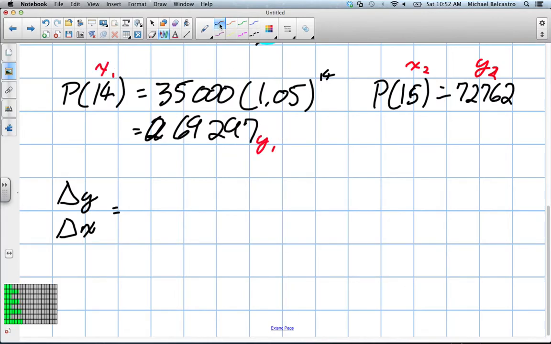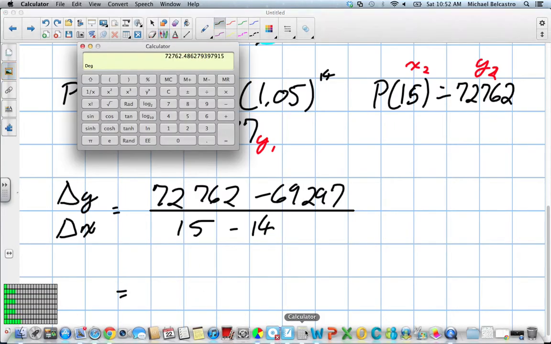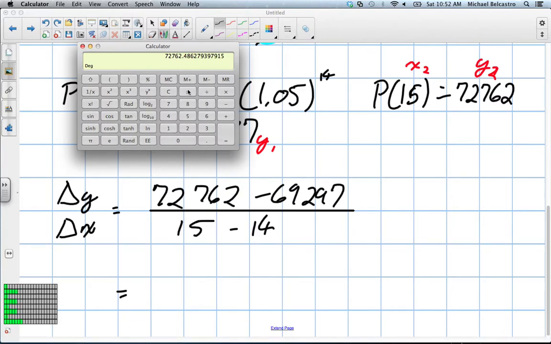So we take 72,762 and subtract 69,297, divided by 15 minus 14. That's obviously going to be over 1, so whatever it is on top is going to be our slope. Because we rounded, we'll just stick with the numbers we had.